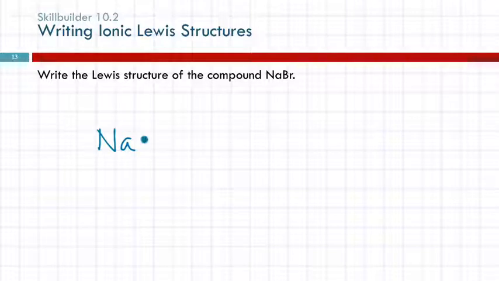So we're going to put 1 dot. And then we've got bromine. And how many valence electrons does bromine have? 7. So we'll put 7 dots. 1, 2, 3, 4, 5, 6, 7.